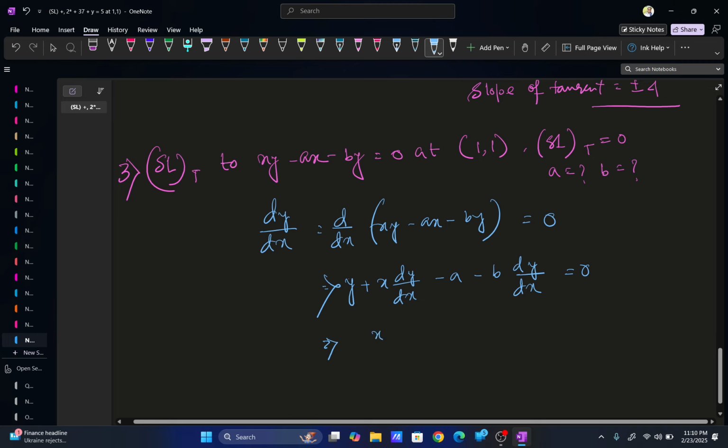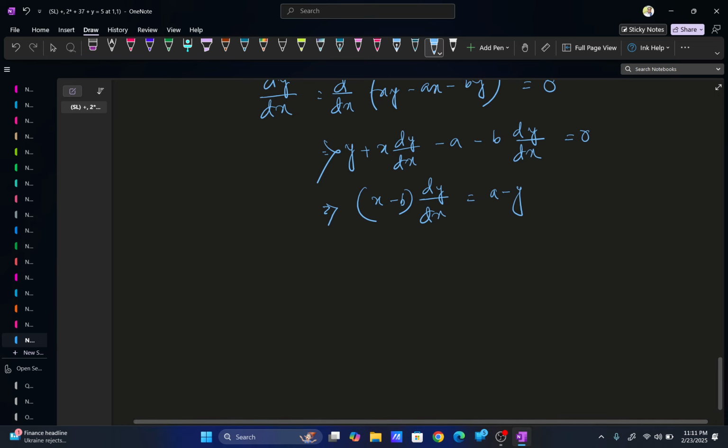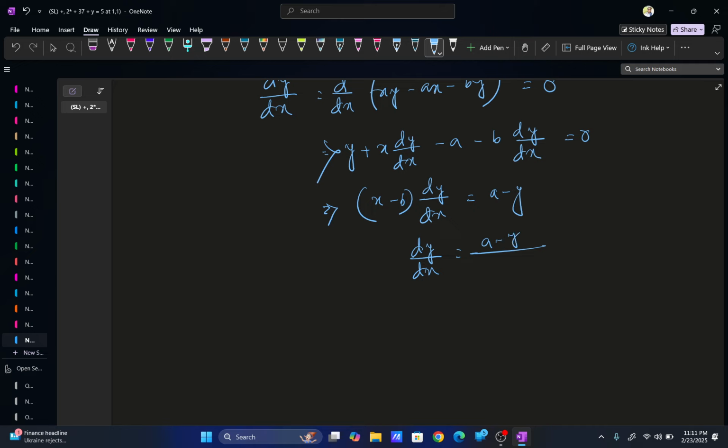We extract dy/dx, and we write dy/dx equals a minus y over x minus b.